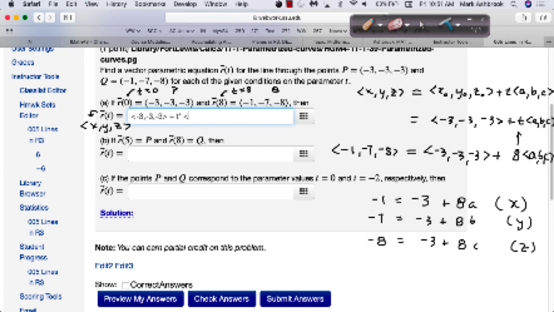So what do we get for A that makes this true? 1/4. Is that right? 0.25. Add 3, you get 2. So 8 times 1/4 is 2. Okay, what about the next one? You get -4. Is it -1/2?